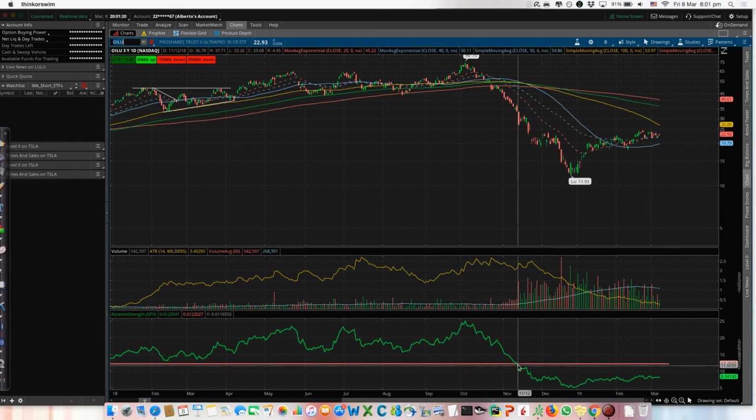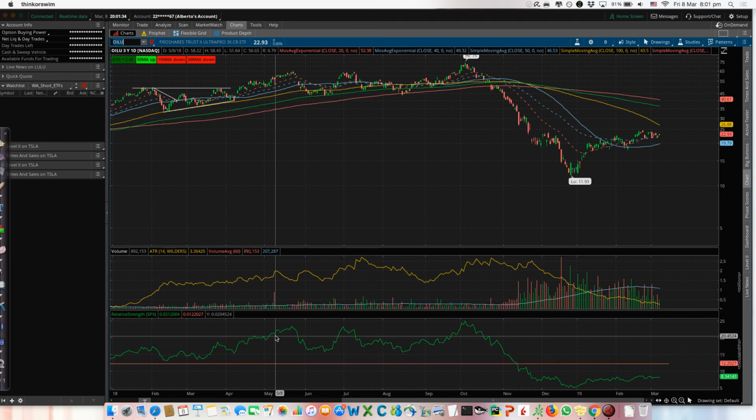So if the line is below and is also sloping down, it is an even stronger indication. As well, if the line is above the reference line and is sloping up, it is also a strong indication that the stock is stronger than the S&P.